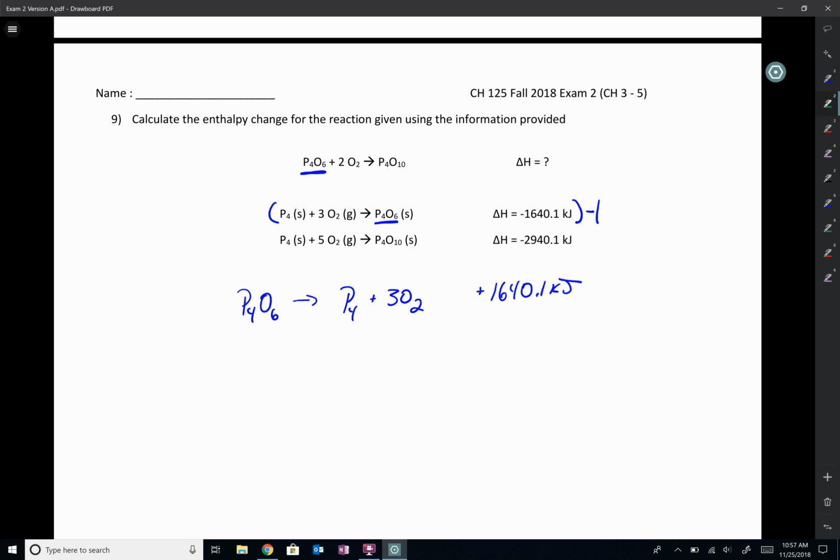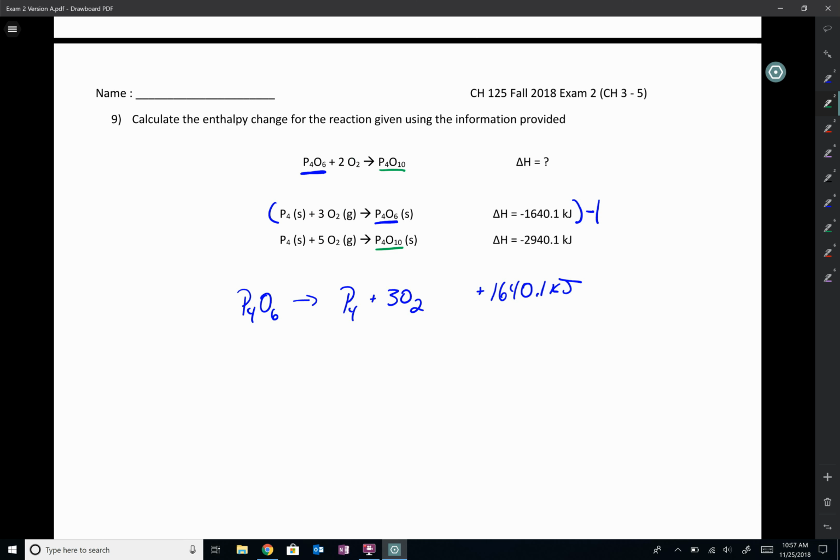So I did that. I look for O2. Well, O2 exists in two different places. So if I see that, I can't really make a definitive statement yet about where I can get my O2 from. So I'm going to skip that for the moment. Right? I move on to P4O10. Here's P4O10 over here.